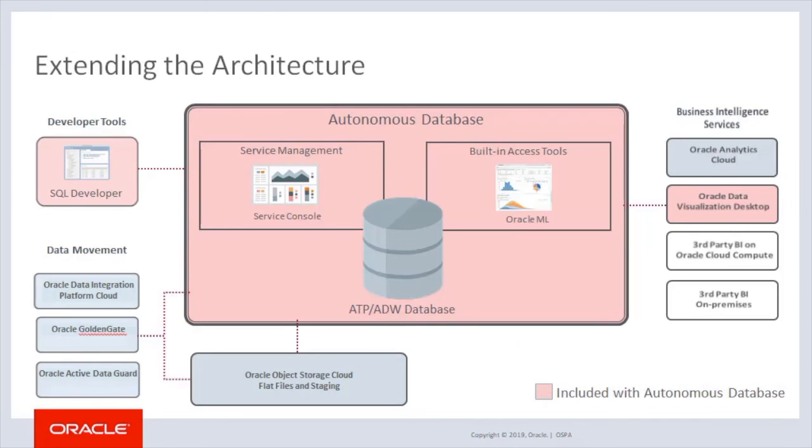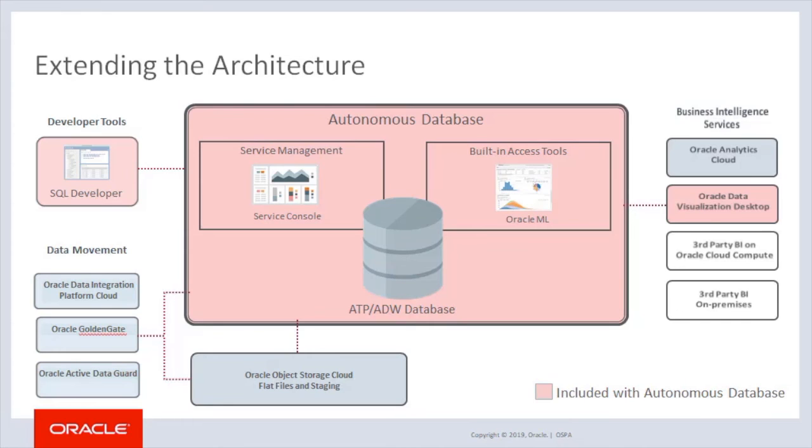The Oracle Autonomous Database leverages extended architecture components that enhance its functionality for customer needs. It is integrated at no cost with Oracle SQL Developer, which is an extensive development and management tool for the Oracle database.